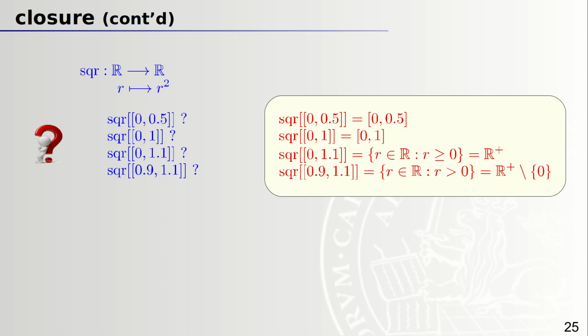The last closure, of the interval from 0.9 to 1.1: the upper bound grows as before, and now the lower bound decreases to become arbitrarily small, although it never reaches 0. Thus, in this case, the closure is the positive real numbers, or R plus without 0. Note, by the way, that in the last case, all the y's are closed intervals, but their union is open on both ends.